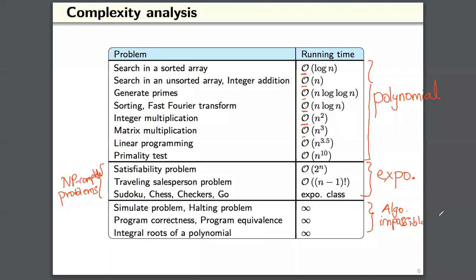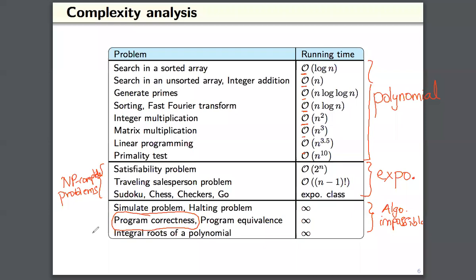Unsolvable. Impossible. Consider program correctness. That means you can never develop a software, even if you bring in all the best software engineers in the world, that can take another computer program as input and give yes or no as the output: yes if the input program is correct, no if the input program is incorrect.